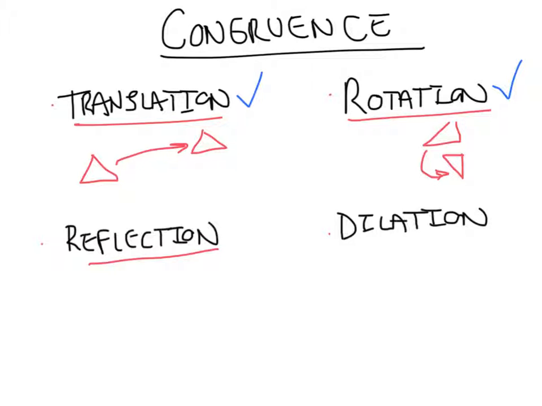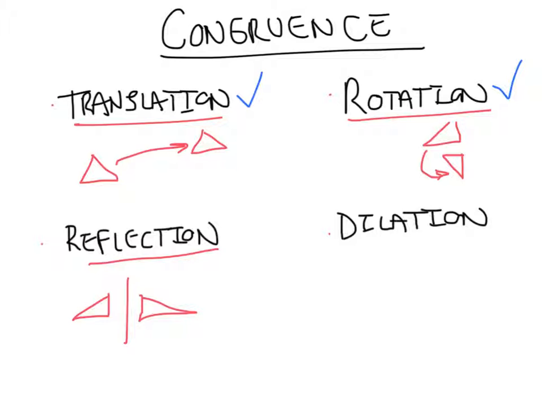Next one, let's look at reflections. For reflections, the biggest example is looking at yourself in a mirror, right? Things kind of flip. It's there, but things are a little bit backwards. The way we like to draw it here is if I have a triangle going this way and I flip it, it's now heading that way. Now, again, to preserve congruence, did it change the size? Did it change the shape? Well, if you look in a normal mirror, do you appear to get bigger or smaller?